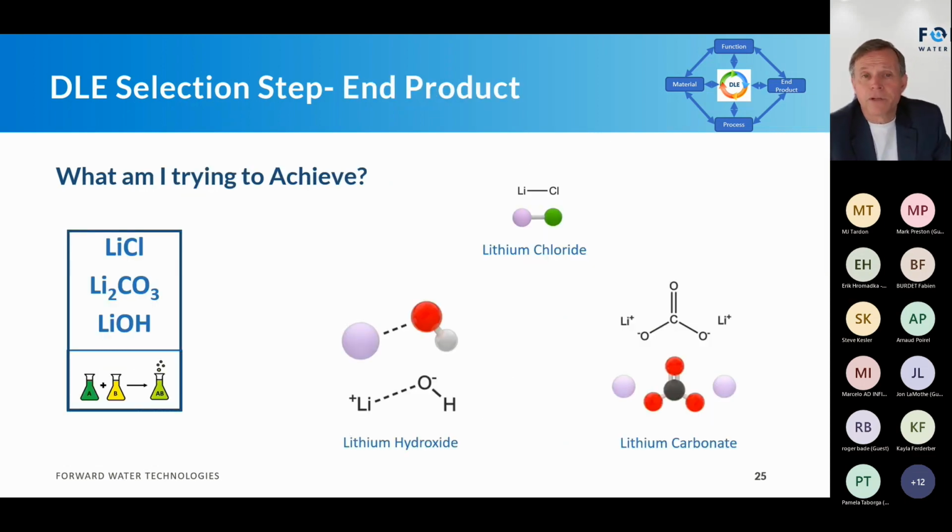The other component is the end product. What am I trying to achieve? Is it lithium chloride, lithium carbonate, lithium hydroxide? You can look at the market price differences between lithium carbonate and lithium hydroxide. There is a difference, but I'm trying to discern whether there is an advantage to producing one product over another.